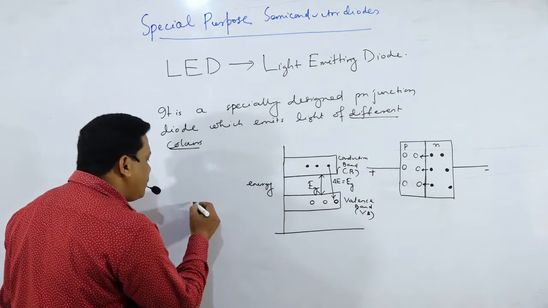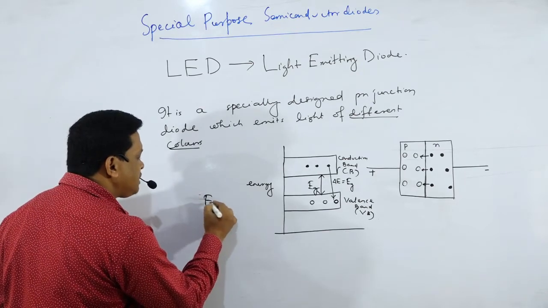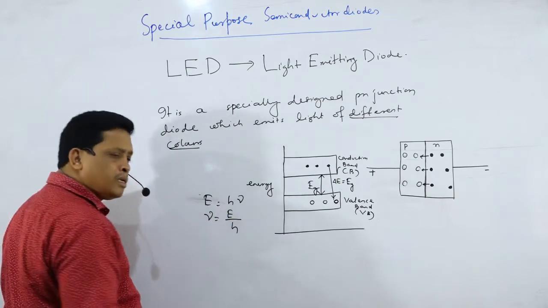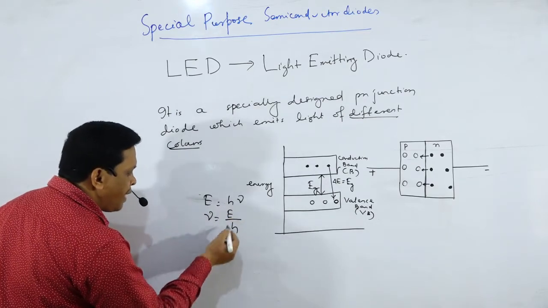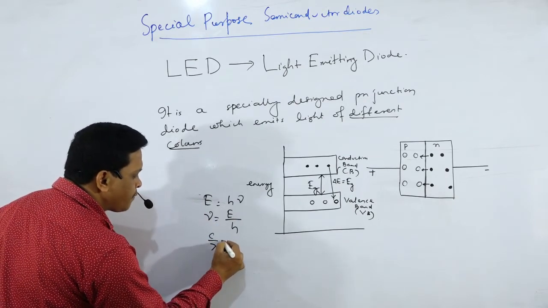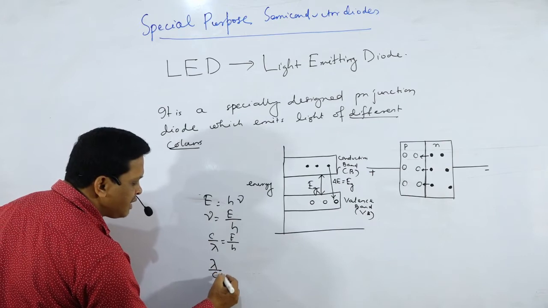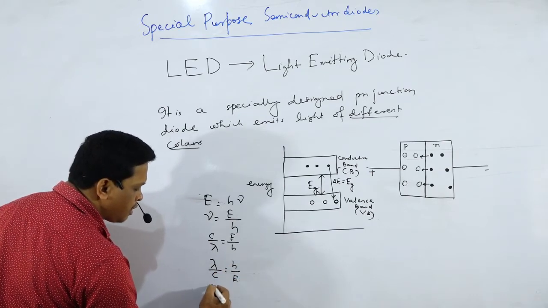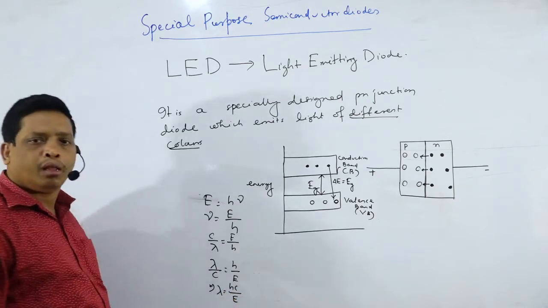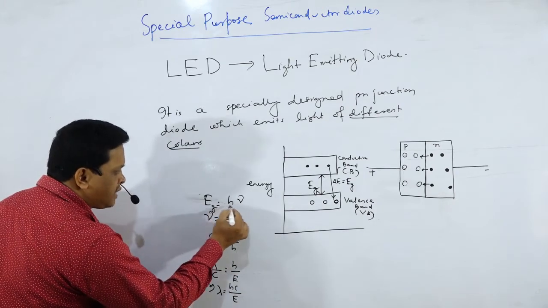And the energy of that photon, as you know, energy E equals h nu, or nu equals E by h. Or you can find the wavelength: nu equals c by lambda equals E by h, or lambda by c equals h by E, or lambda equals hc by E. So look here, we are now explaining in terms of the energy gap, Eg.